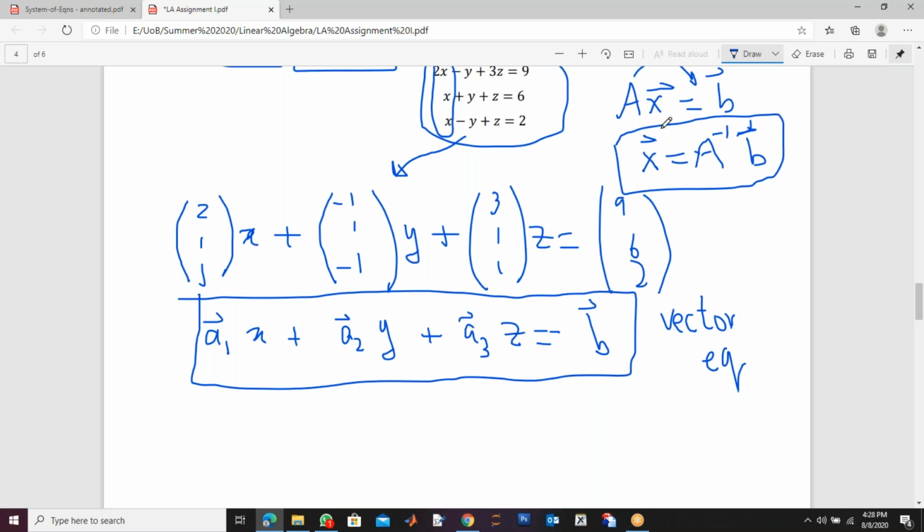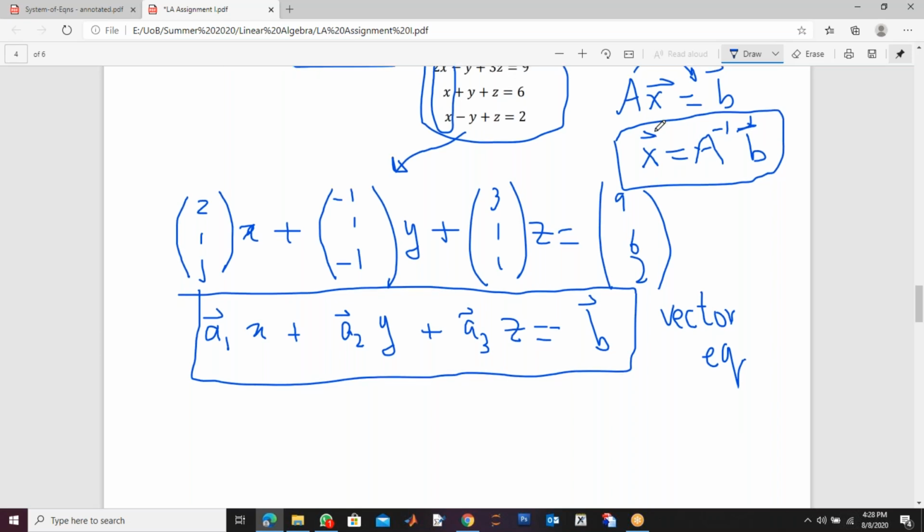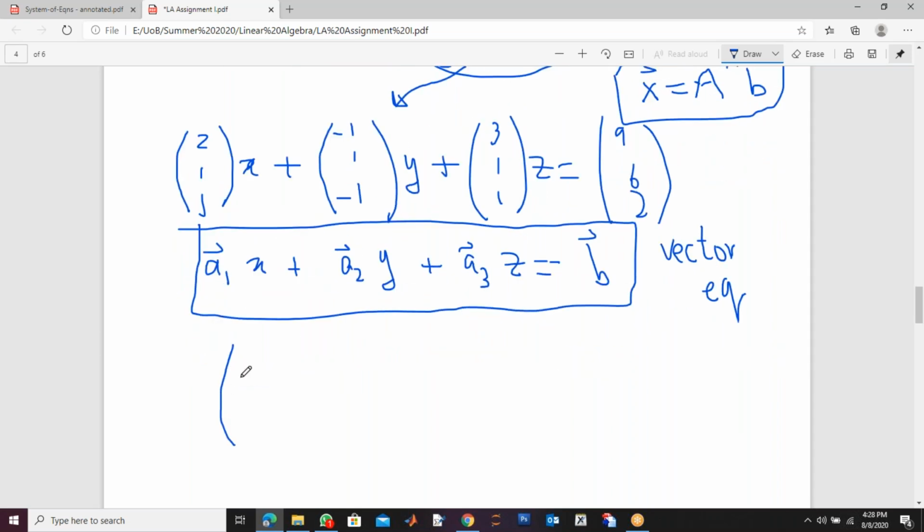Now if I write these columns, these three things: the first column 2 1 1, the second column minus 1 1 minus 1, and the third vector 3 1 1 as the third column.